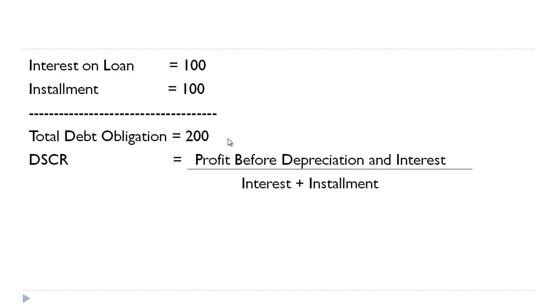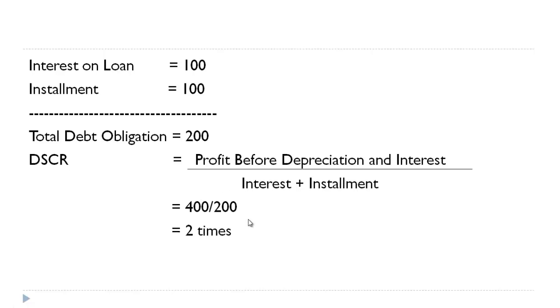We have calculated it was 400 and interest and installment is this mere 200. So the profit available for servicing the interest and installment is 400 and the interest and installment is only 200. So the profit available is 2 times the debt obligation. So this is what we measure through the DSCR ratio.